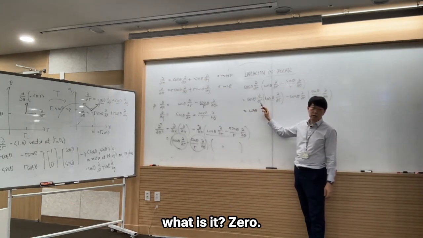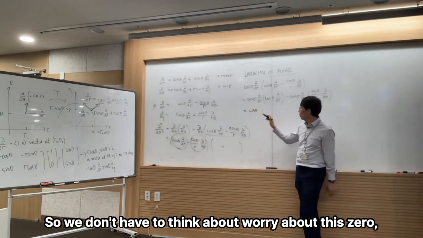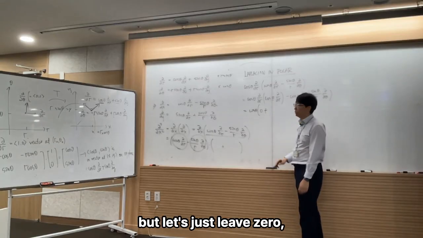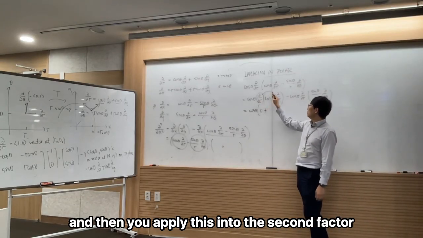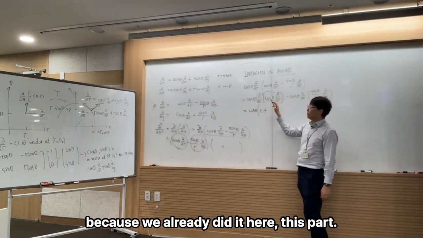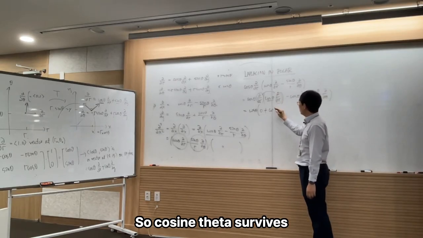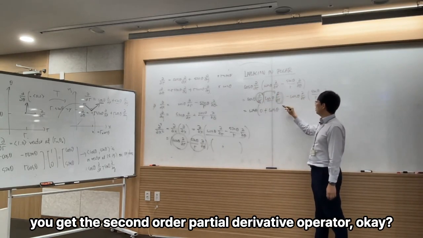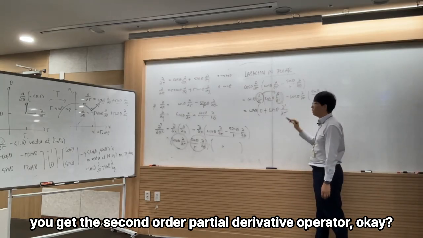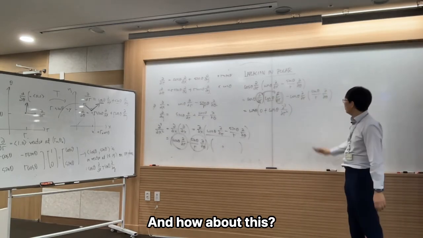What is it? 0. So we don't have to worry about this, but let's just leave 0. And then you apply this to the second factor, not here because we already did this part. So cosine θ survives, but now you're applying ∂/∂r twice, and you get the second order partial derivative operator.